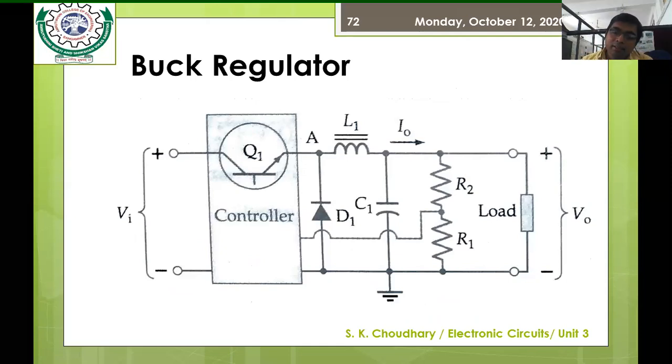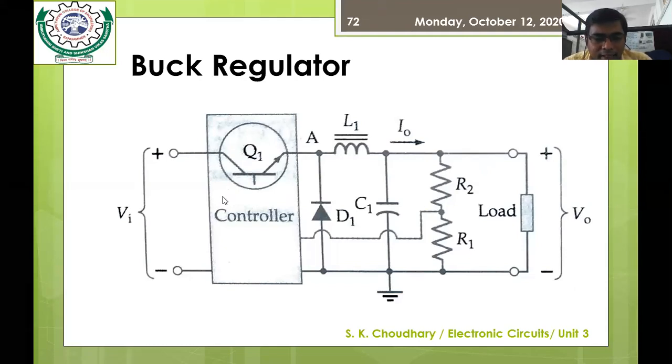If you look at this particular diagram, everyone please note it down. This is a very important diagram because on the basis of this diagram we will further discuss the operation.